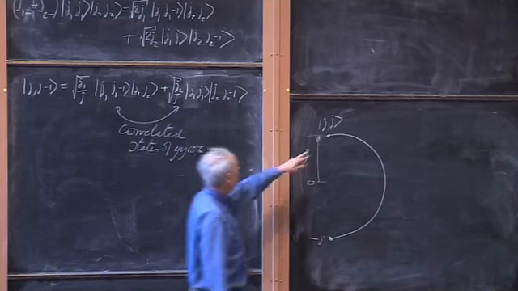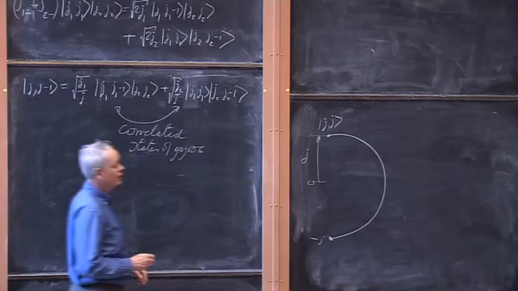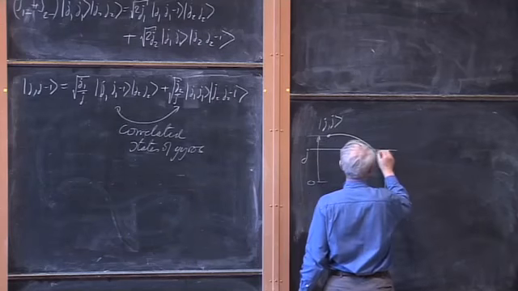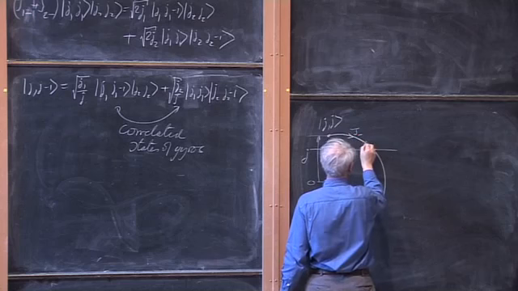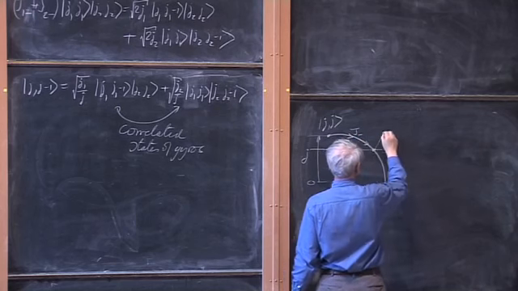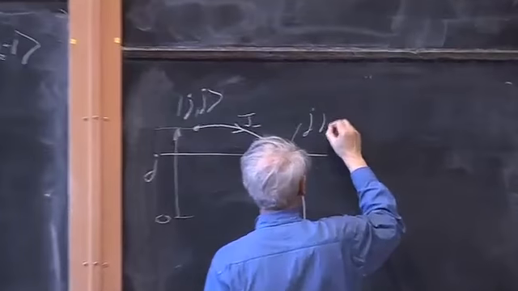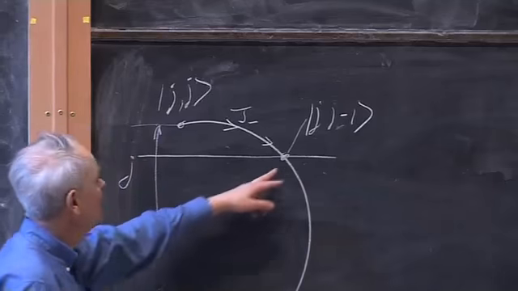It's J units down. Here's the origin. We started with this state and established what it was, that it was J1, J1 times J2, J2. Then we used the lowering operator, J minus, to move around this semicircle to a state here that we've just constructed, which is J minus 1, which turns out to be a linear combination of this and this.